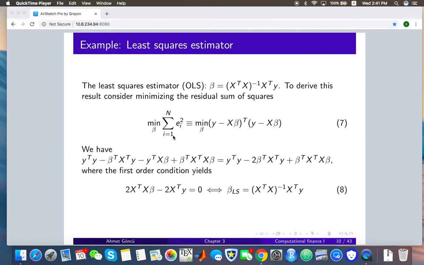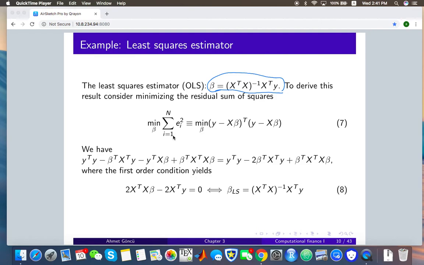Another interesting example where we have a system of linear equations to solve is the least squares estimator. In the least squares estimator, which you might know from your earlier statistics courses, the coefficients that minimize the residual sum of squares are given in terms of this beta equation here.